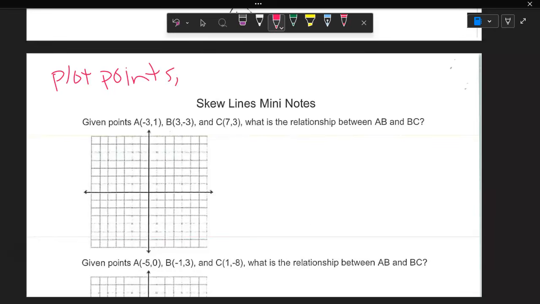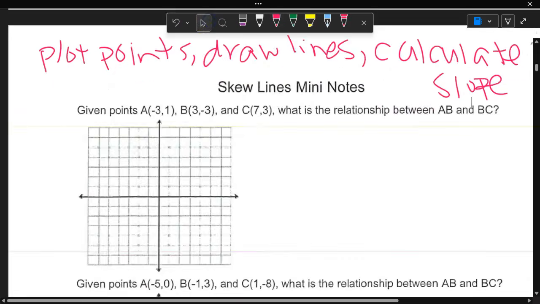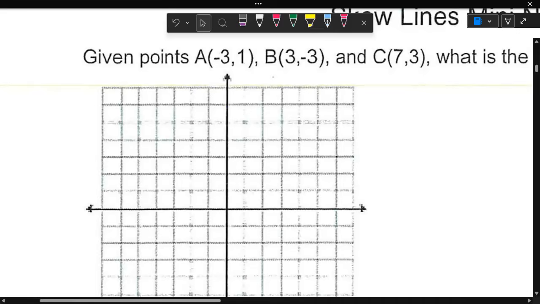Draw the lines to create the segments, and then calculate the slope. And tell me what relationships those two segments have. Like for number 1, we got A (-3, 1), B (3, -3), and C (3, 7).